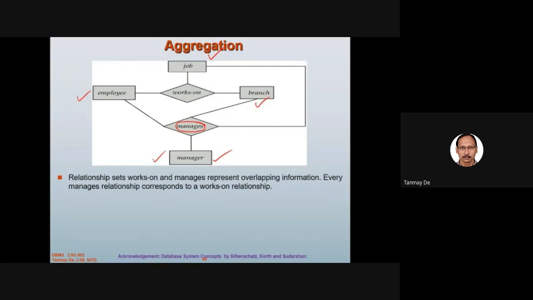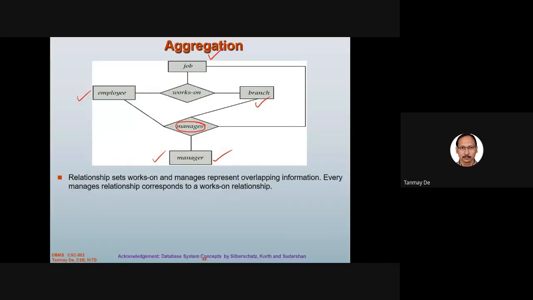Why is it required? Because until now, the relationships we discussed are valid for two or more entity sets, but there is no concept of a relationship among relationships. You got my point?